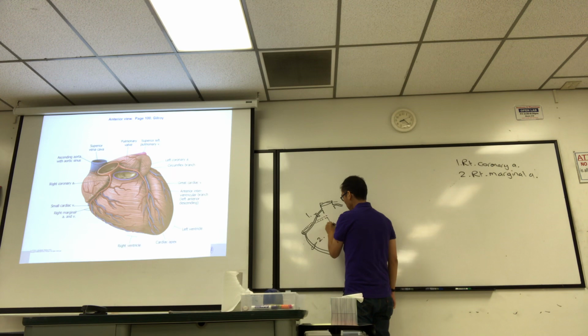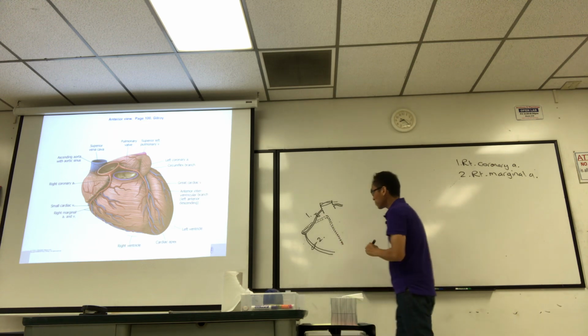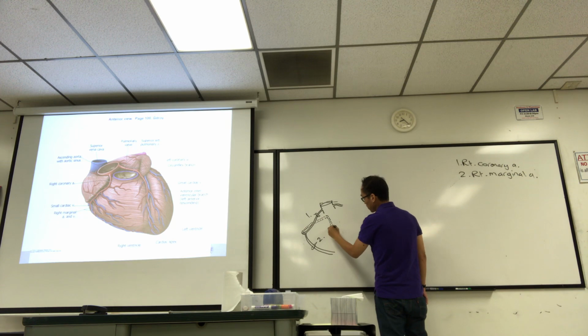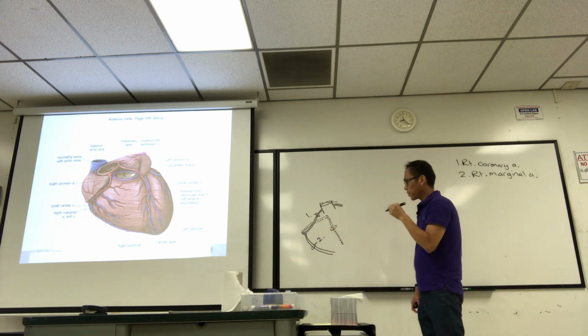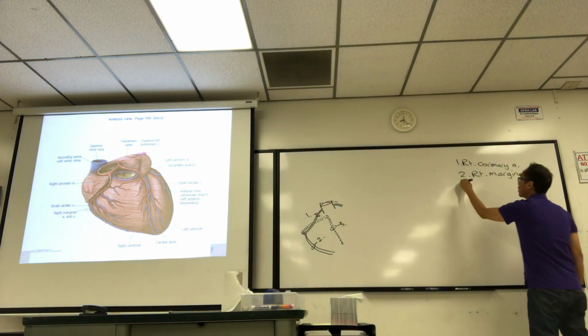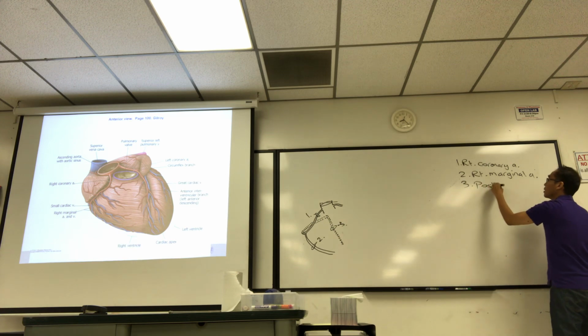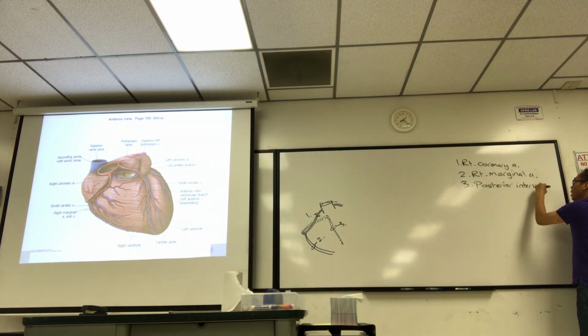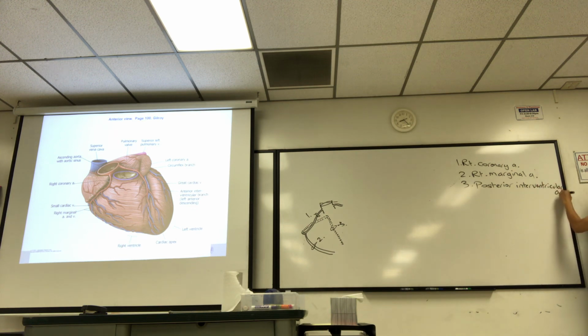And it's going to go down the posterior interventricular sulcus. This can be called the posterior interventricular artery. Call that number 3. Posterior interventricular artery.